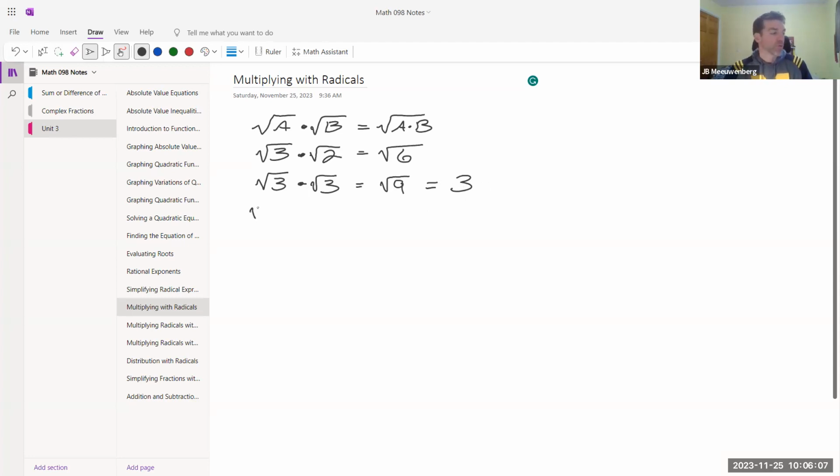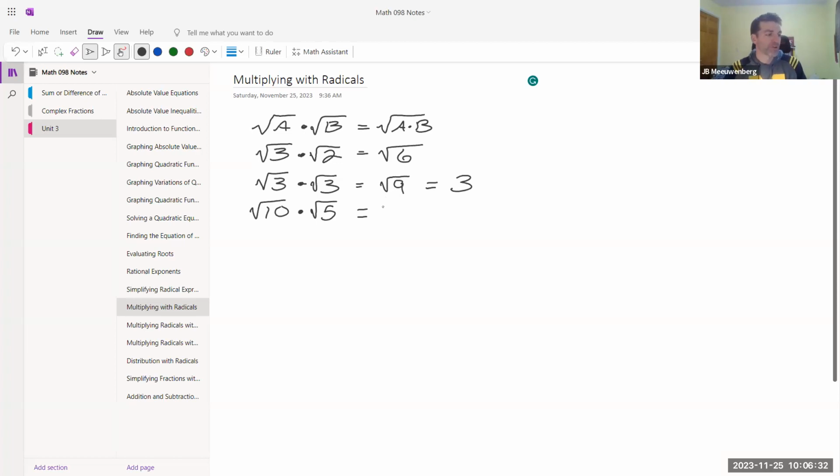Well, we could take the square root of 10 times the square root of 5. One thing you might notice, as you get more comfortable with these, is that the 10 has a factor of 5 buried inside of it, and you might even take a guess on what that might do in the long run.